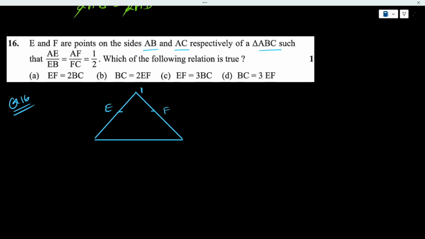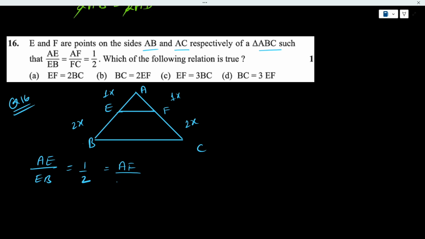This is triangle ABC where EF is a line segment which is dividing AB and AC into AE to EB as 1x and 2x, right? Because it's written here AE by EB is 1 by 2. Similarly, AF by FC is also 1x to 2x. I am taking x because this is the ratio.